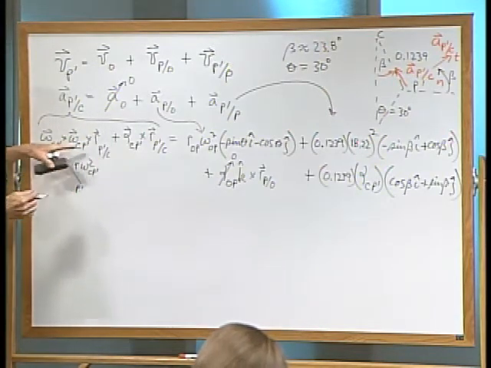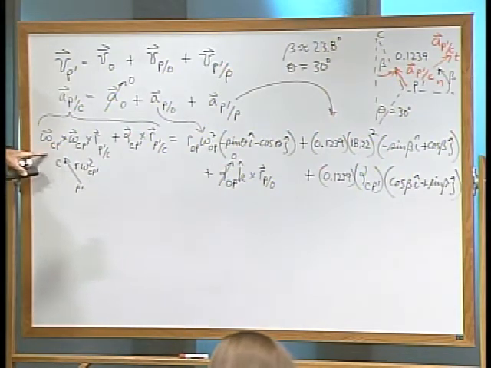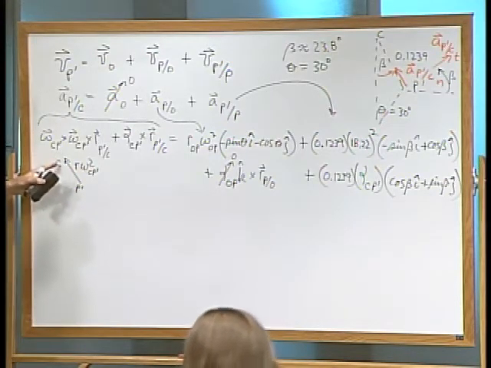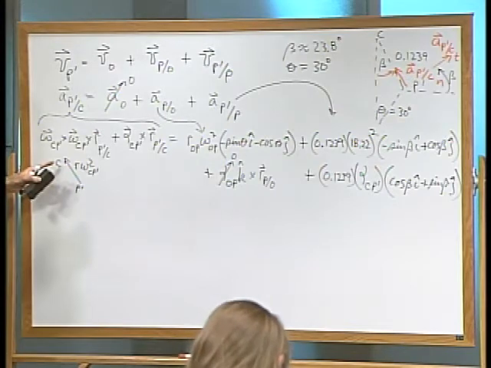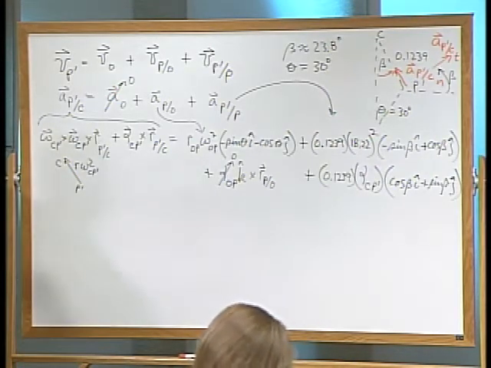And while we're at it, let's go ahead and tidy this guy up, because this is a pretty easy one, isn't it? This one points which way? P prime back towards C, right? Yep, in the same way as the P prime relative to C. What did I write over there? It looks a lot like what you have on that right side there. We have one pointing in that direction anyway.